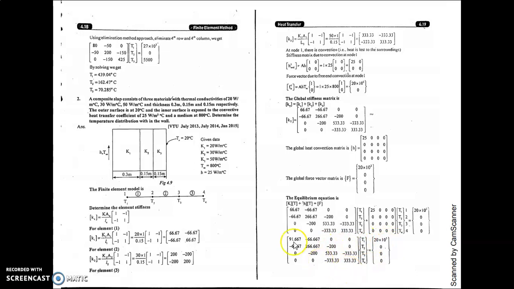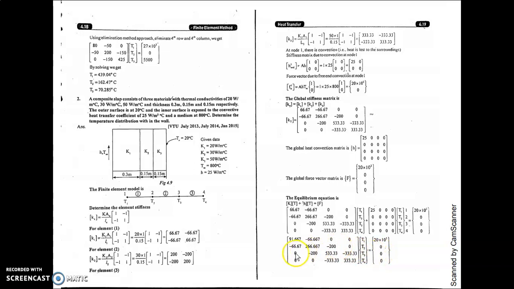Again see, they have given the T4 value. It is not T0, it is T4. 20 degrees centigrade is given. So what you need to do is eliminate the 4th row and 4th column. Before that you need to modify the 3rd row in the force matrix.